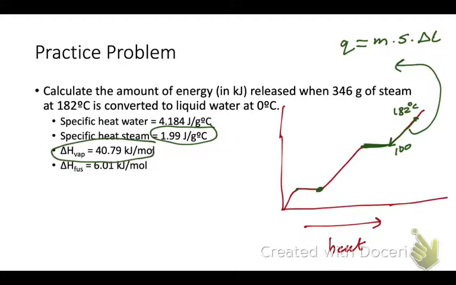But remember, you're actually doing condensation going this way. So if heat of vaporization was positive, the other one will be negative. Then you're going to take water from 100 to 0, and you're going to use again Q equals M times S times delta T. You have S for water, and the final temperature is 0.